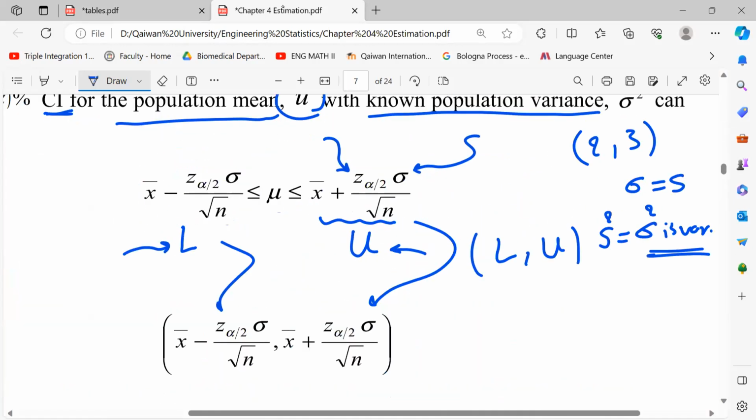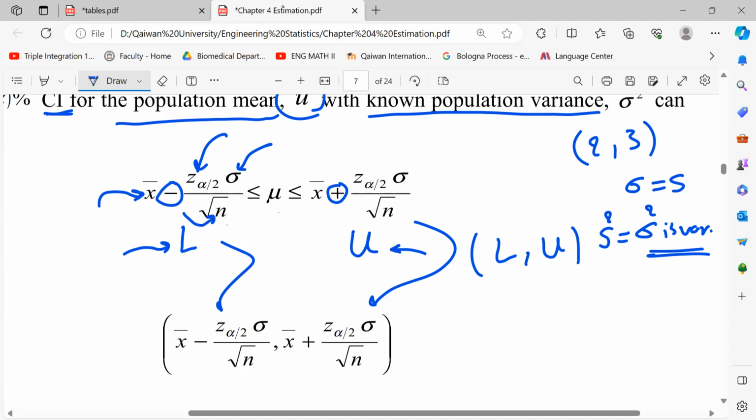Now, what do we have? In the example, we are given X bar, N, and sigma, and we found this one from the table. Just plug it here. The difference between both sides is only this sign. On the left it is negative, and on the right it is positive.